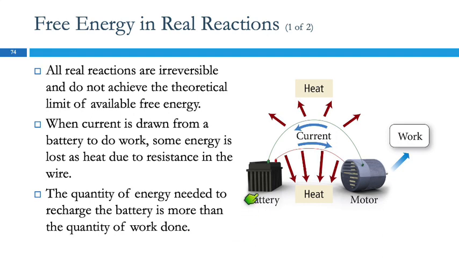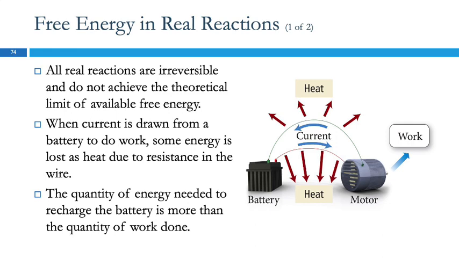Here's an example of using a battery to run a motor and using a motor to charge the battery, right? So we draw current from the battery to do work with the motor. The free energy comes out, but some of it is lost to heat, and isn't useful because there's resistance in the wire. And then when you go to charge the battery, it's going to take more energy to charge the battery than you got out of it.